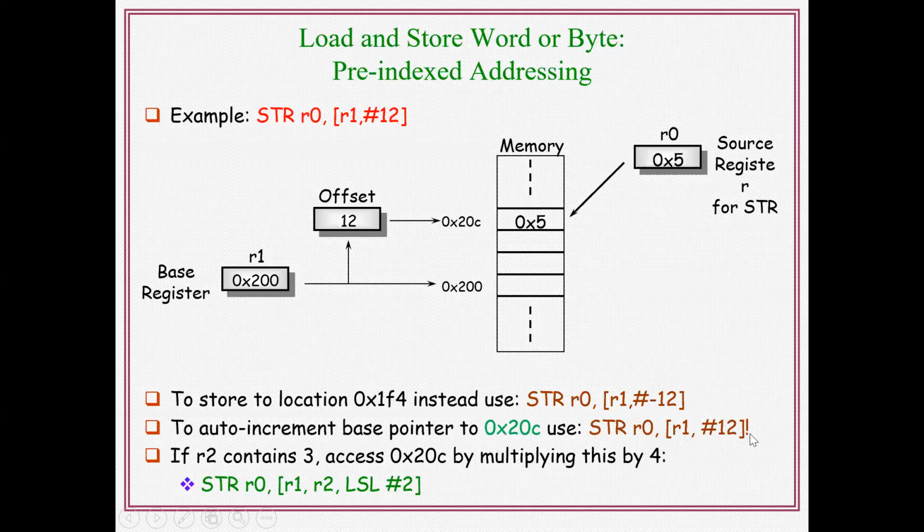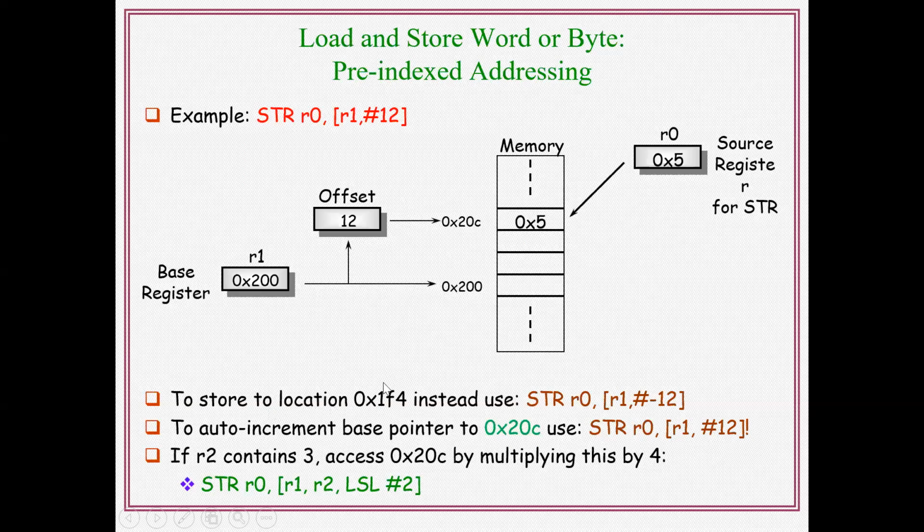In addition, this exclamation symbol indicates that the R1 content is updated. For example, if R1 content is 100 and #12 is added, then total R1 equals 100 plus 12, called as 10C, is updated.